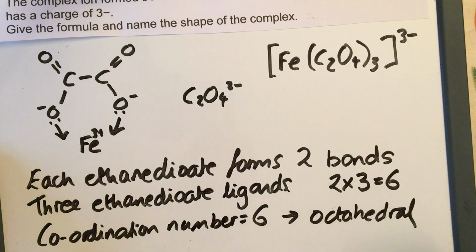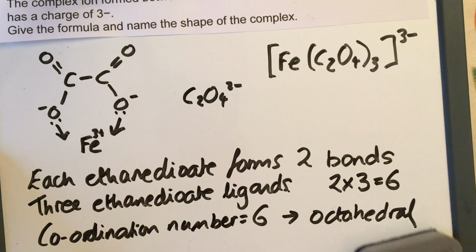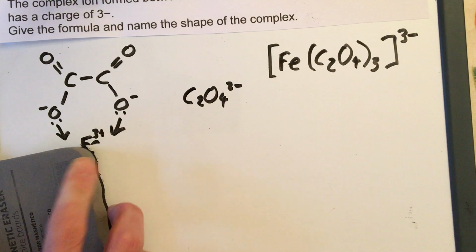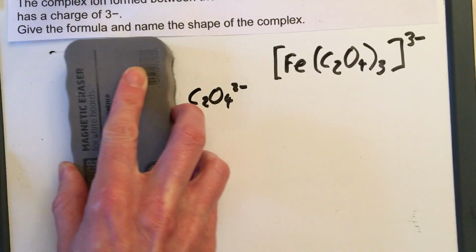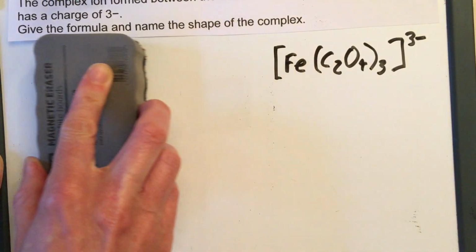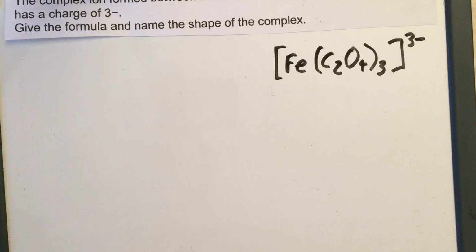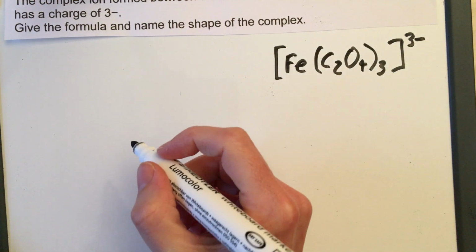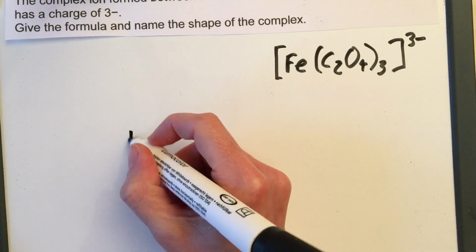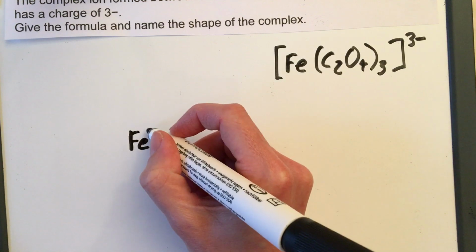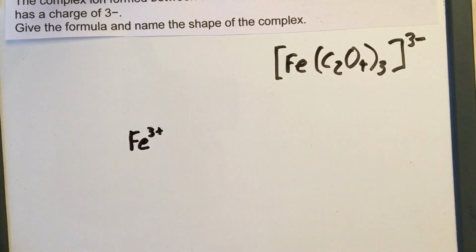I want to just think briefly about how we might go about drawing that if we are asked to draw it, because it's difficult if you don't know where to start to work out how to draw these complexes. When you're drawing them, always start with the transition metal ion in the middle. Then this one we are drawing as an octahedral complex.